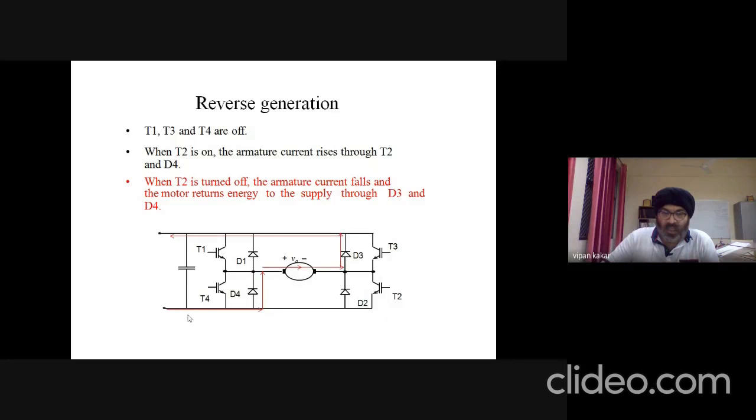So this current now follows this freewheeling path through D4, through this RL load, and then through D3, and then back into the supply. So this energy stored in the armature is now fed back through D4 and D3 into the battery.